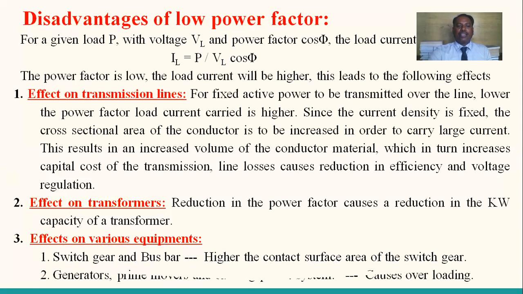And similarly for generators, prime movers, and the existing power system, it causes overloading. Overloading means heavy heating, resulting in the lifespan of the equipment being reduced drastically, and it goes to repair as soon as possible. So these are the generalized impacts in the power system due to a low power factor.